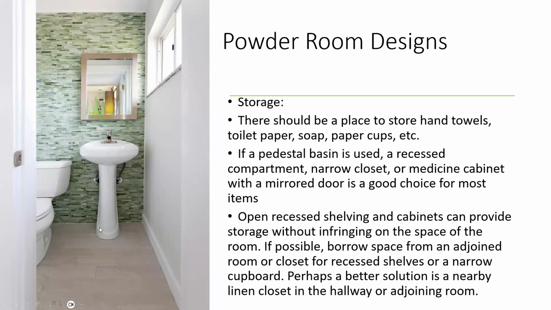But if, for whatever architectural or design reasons, you want to use a pedestal sink, you need some place to store that stuff. Sometimes you can get a medicine cabinet and put some of it in, but you don't want to have to go into a separate storage room to get a roll of toilet paper when you need it in the room, right? You need to have a place to store that stuff in there.